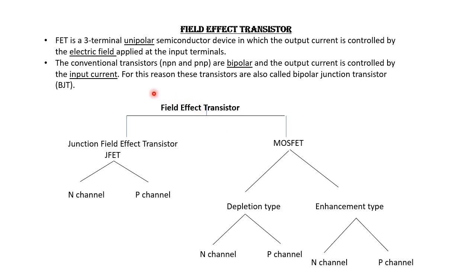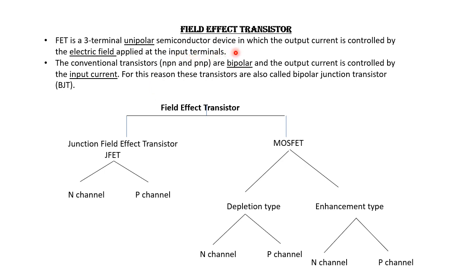Field effect transistor is abbreviated as FET. It is a three-terminal unipolar semiconductor device in which the output current is controlled by the voltage or the electric field applied at the input terminals.